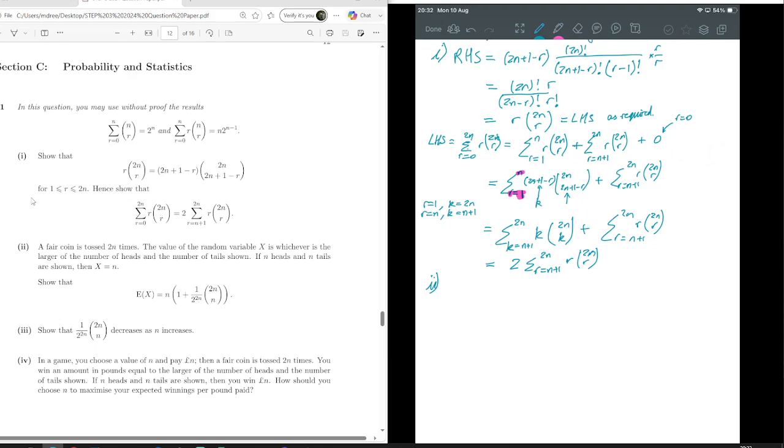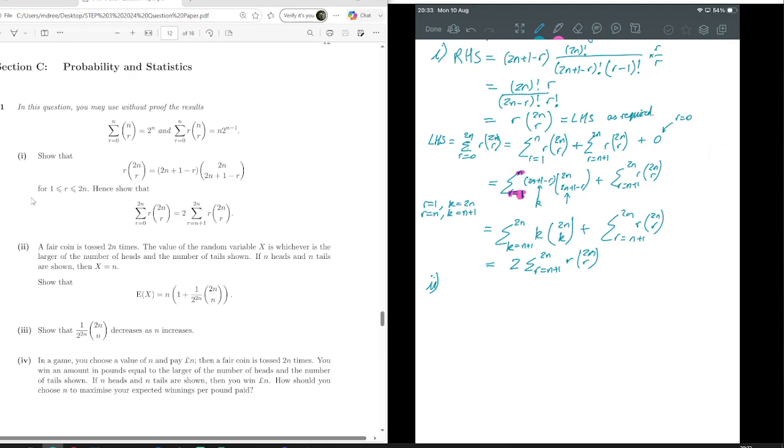Part 2, however, introduces a game. A fair coin is tossed 2n times. The value of the random variable x is whichever is the larger of the number of heads or the number of tails. If both are shown equally, then we say that x is n.